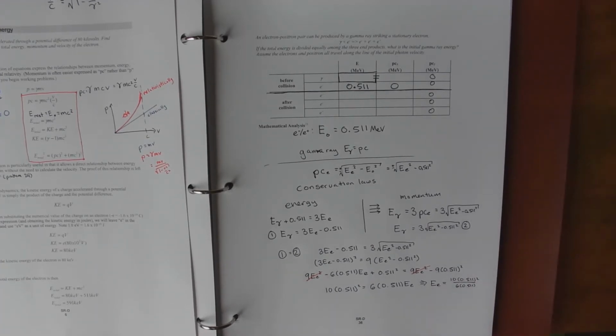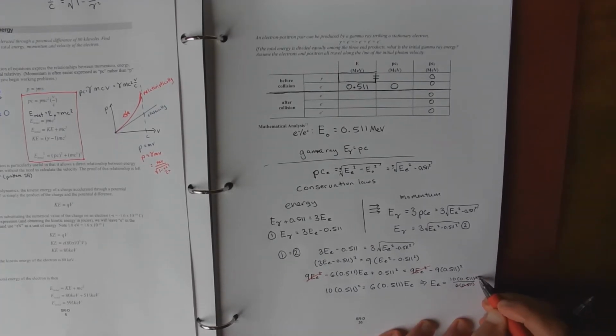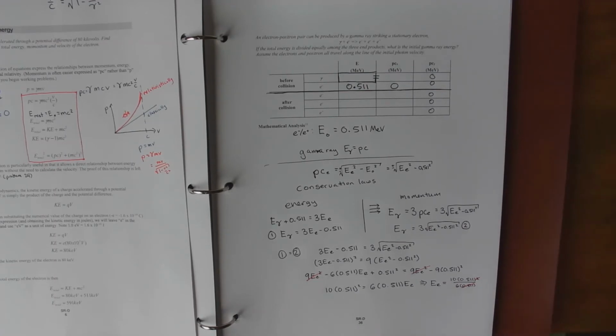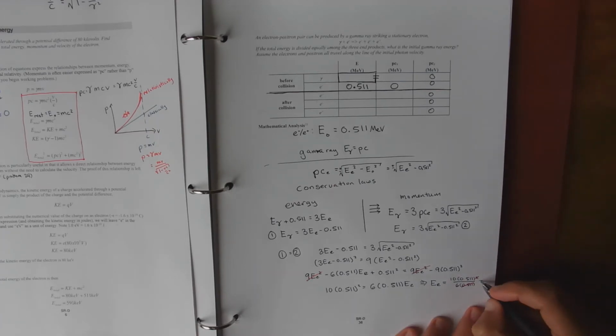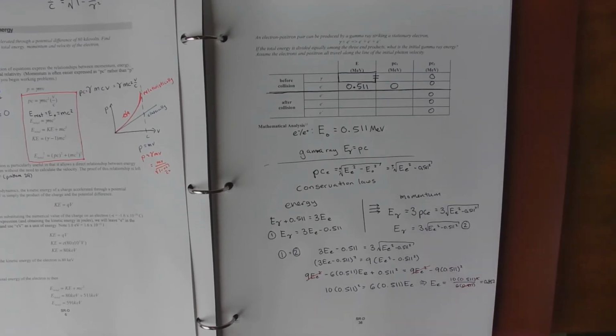And then we can say that this cancels with that. So that's going to be 10 times 0.511 divided by 6, which gives me 0.852 mega electron volts.